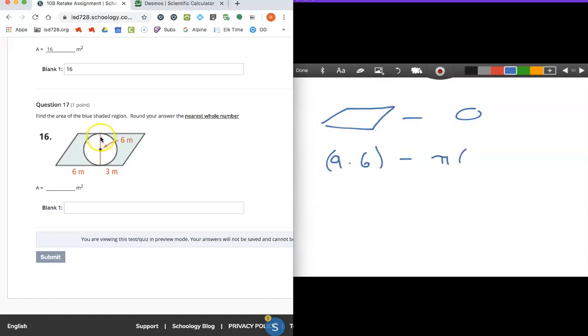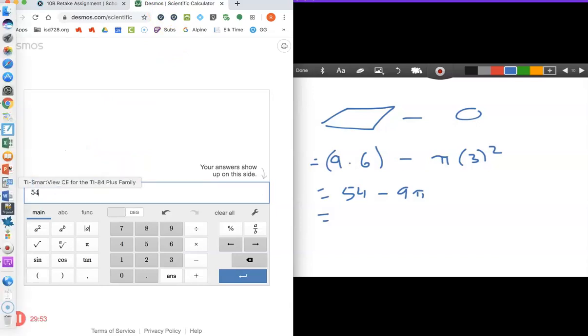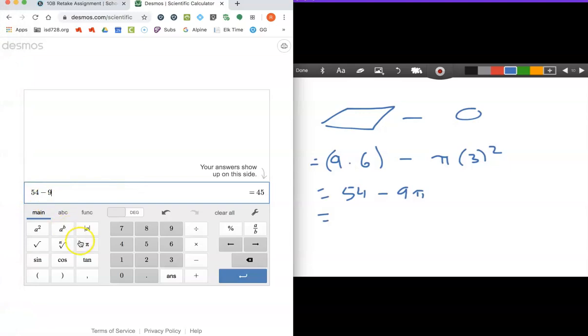Be careful again, this distance is 6, half of that is 3. So we have 54 minus 9 pi. We're going to punch that in: 54 minus 9 times pi. It looks like that rounds to 25.7, to the nearest whole number, that's just 26.